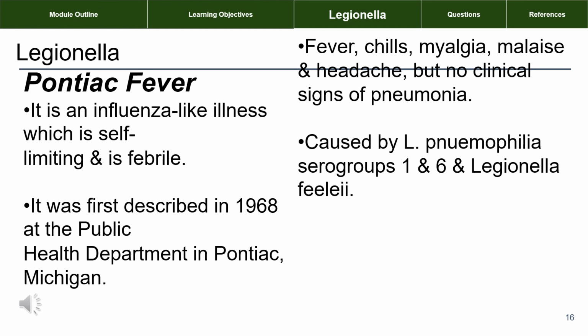It was first described in 1968 at Pontiac, Michigan. The symptoms are fever, chills, myalgia, malaise, and headache, but there are no clinical signs of pneumonia. This is caused by Legionella pneumophila serogroups 1 and 6, and Legionella feeleii.